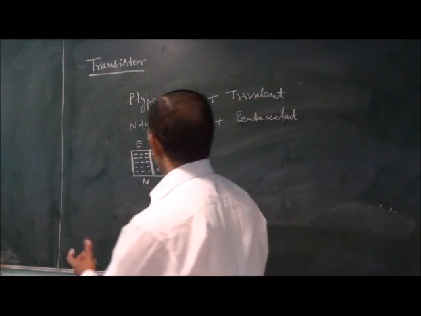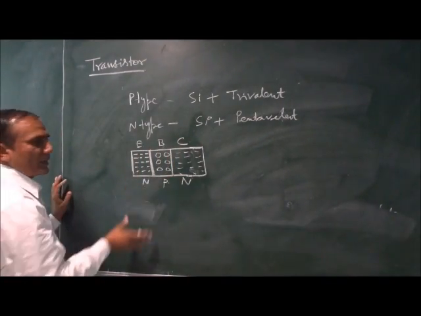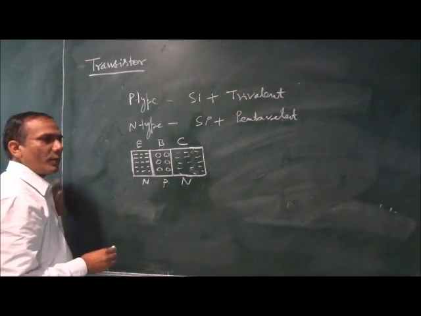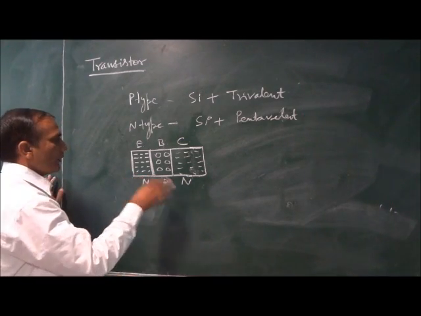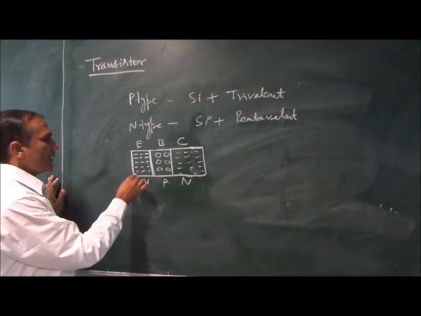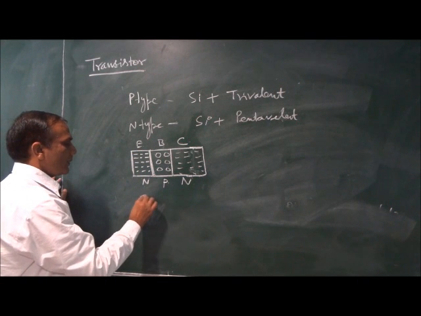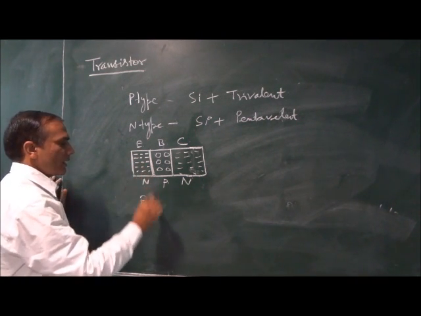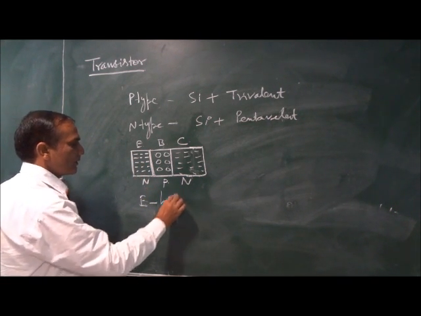So if you are joining the two materials in this fashion, now let us see the doping part. What is the doping level of all these three regions? Here your emitter region is highly doped region.